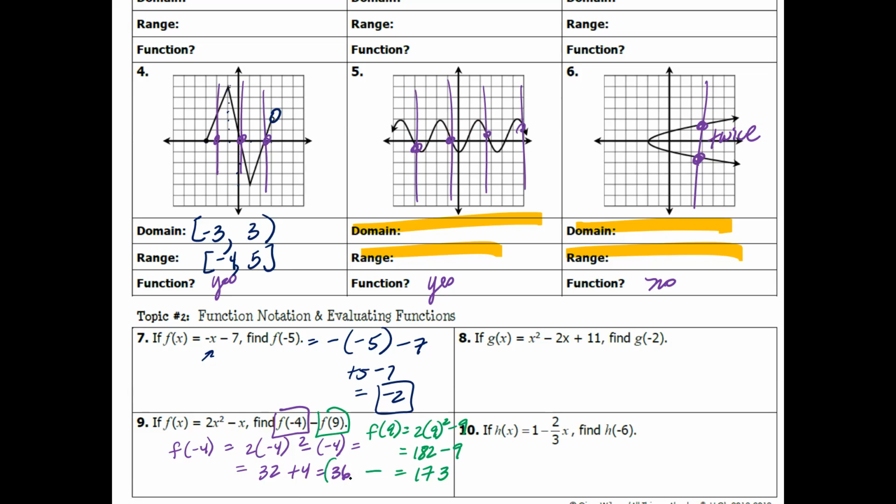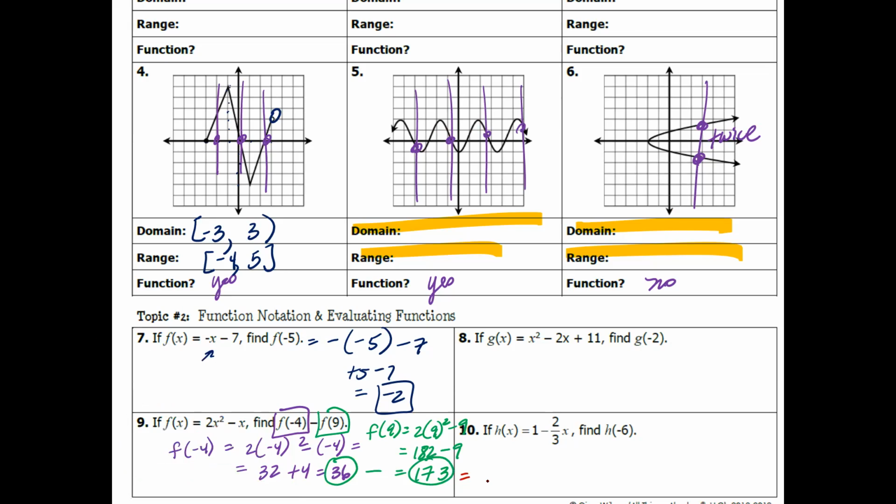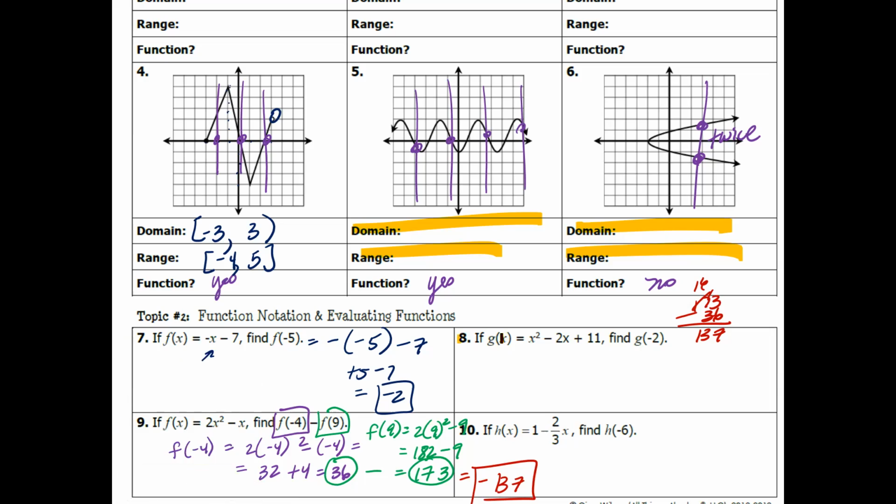We're going to subtract these two numbers from each other. So you'll get 173 minus 36, which is a negative 137. And that is your answer. So now that I did the first two, I want you guys to try the second two.